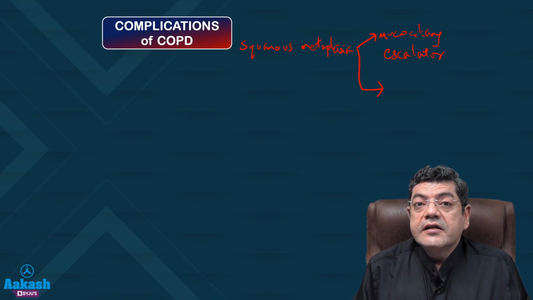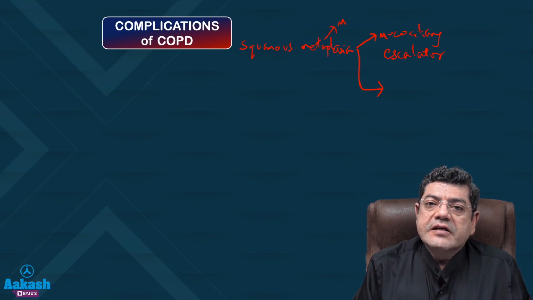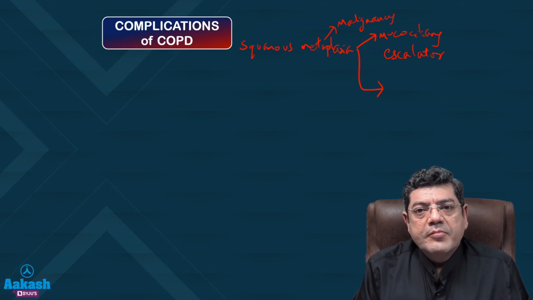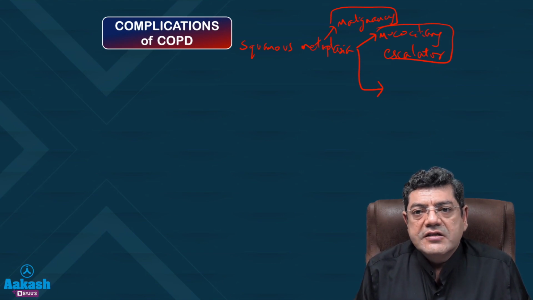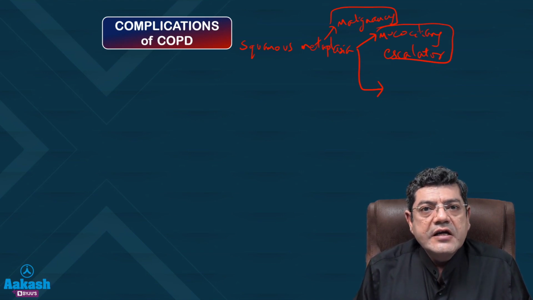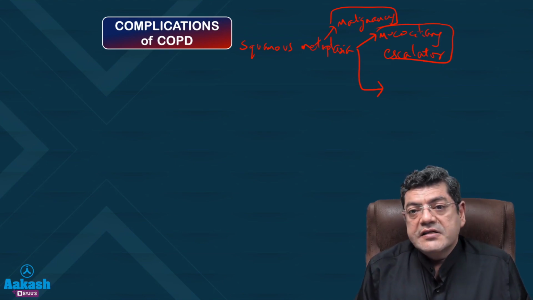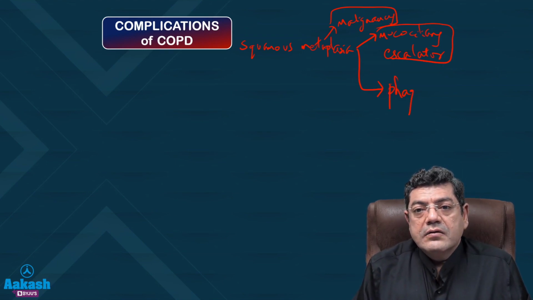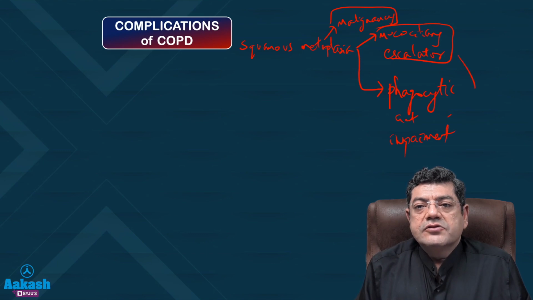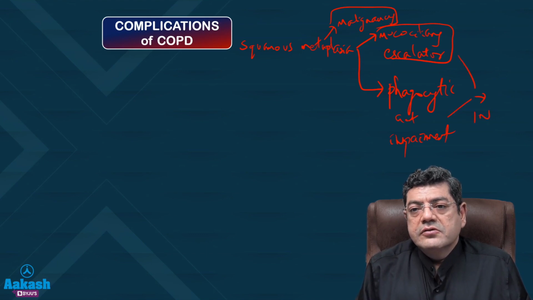Squamous metaplasia, of course, can give rise to malignancy. So when we are talking of complications, that's one complication. The loss of mucociliary escalator function and cigarette smoke impairing the phagocytic activity of macrophages, these together will give rise to the predisposition to infection, right?